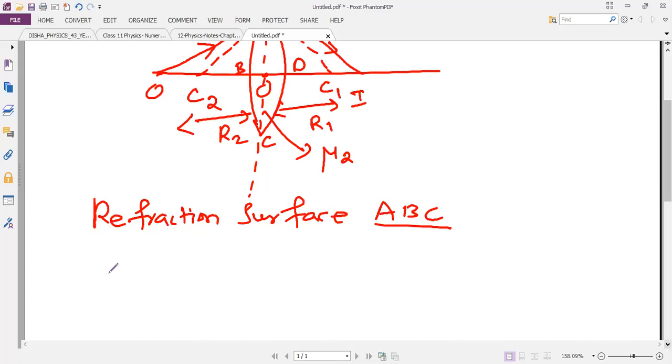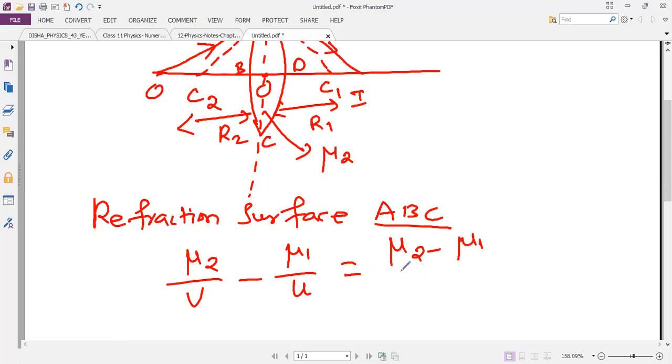Now I will write mu2 divided by v, where v is the image distance, minus mu1, the refractive index I'm taking, mu1 divided by u, equal to mu2 minus mu1 divided by r1. The refracting surface ABC formula: mu2 by v minus mu1 by u equals mu2 minus mu1 divided by r1. This is equation number 1.